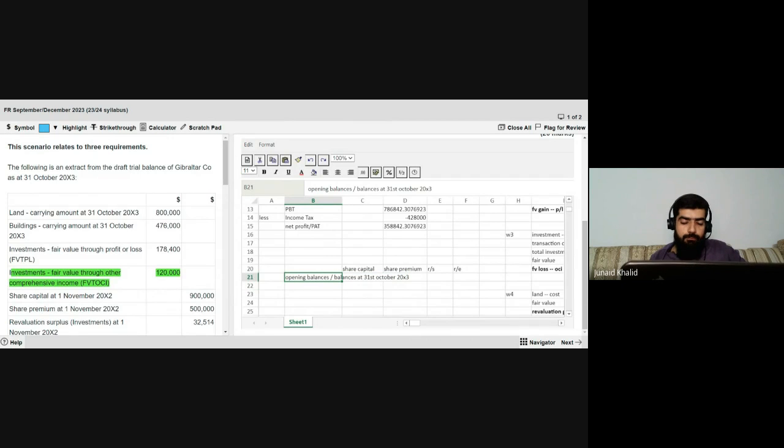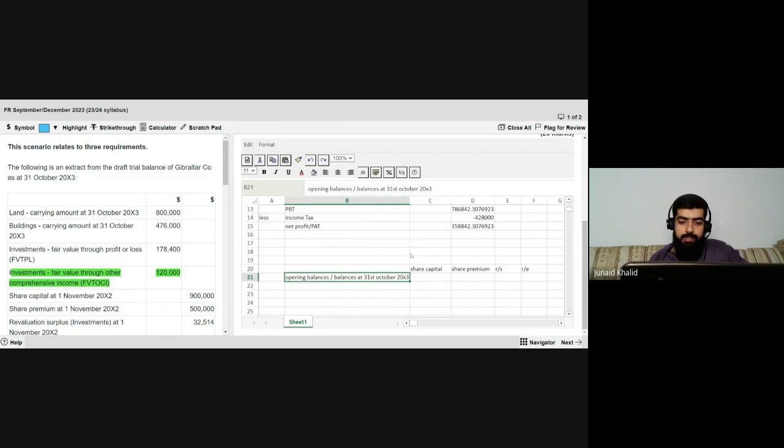So the balances that are given over here are the capital opening balances. Sorry, it's not 1st October, it's 1st November 20x2. So the share capital balance was 900,000.